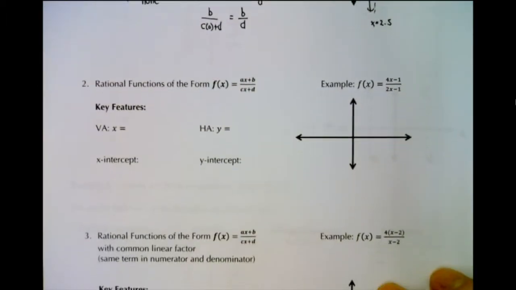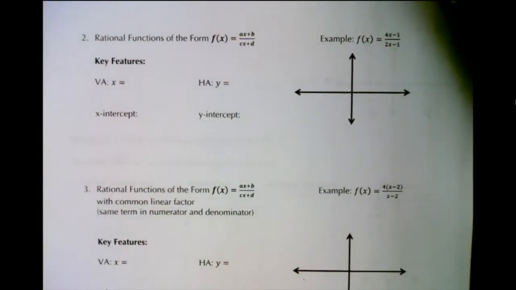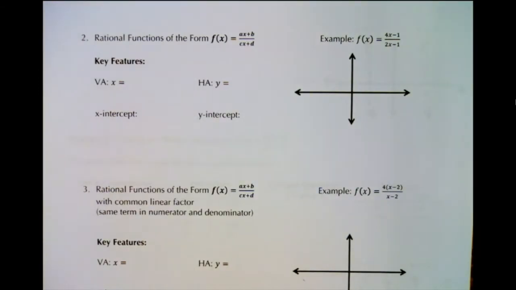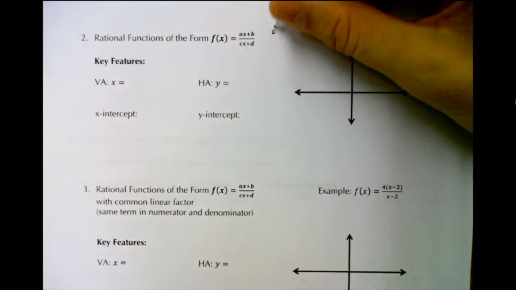Now a quick way to graph the form that we did the full key features analysis on, which is the first part of the video, is to do something similar to what we did above, but this graph looks a little bit more complicated because we actually have a degree 1 over degree 1.